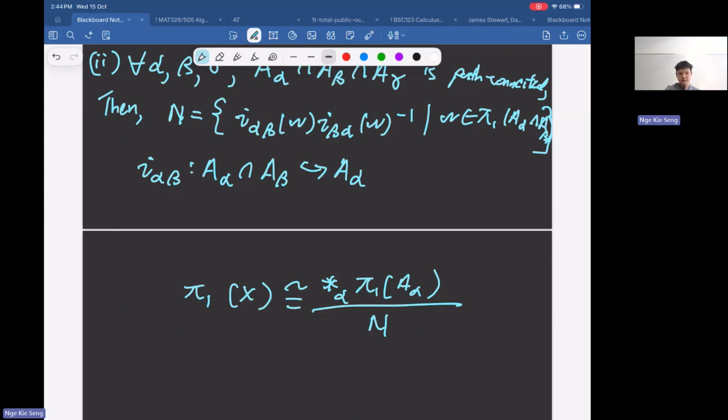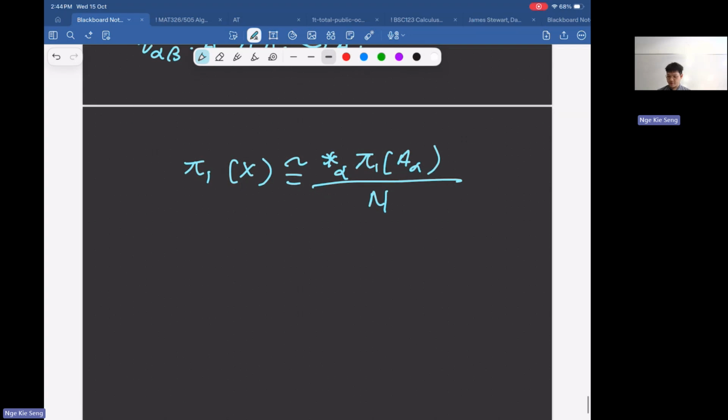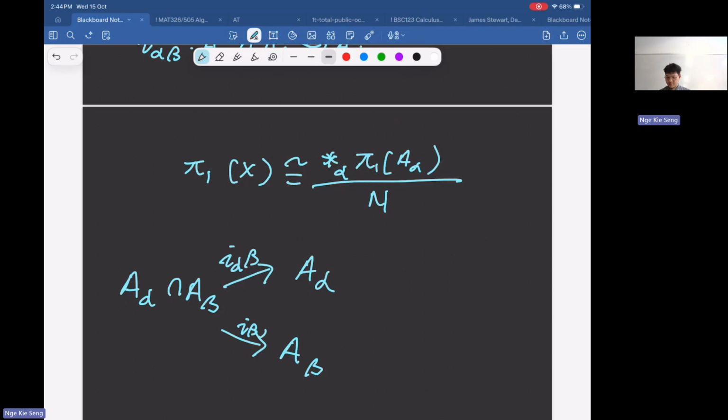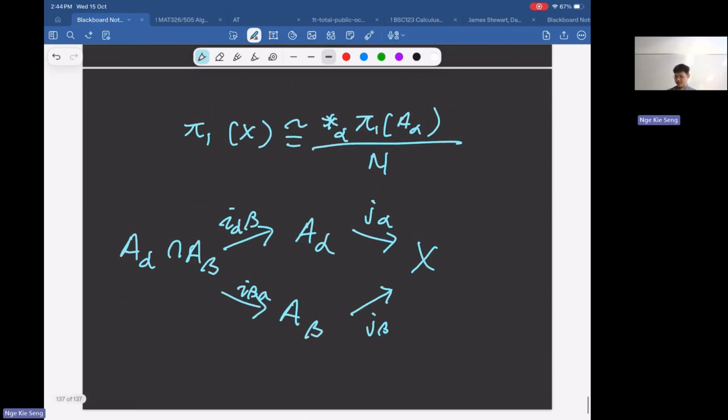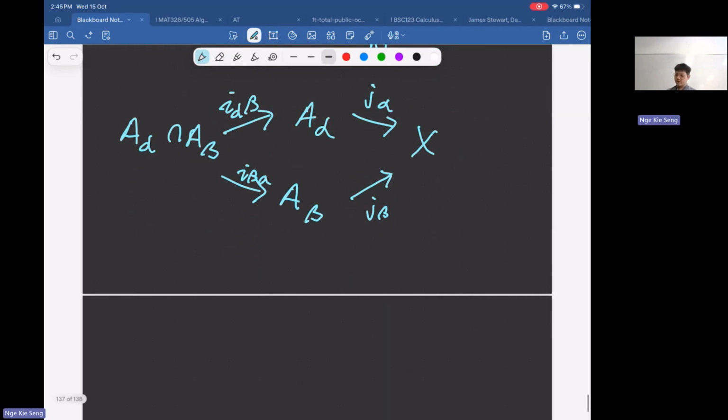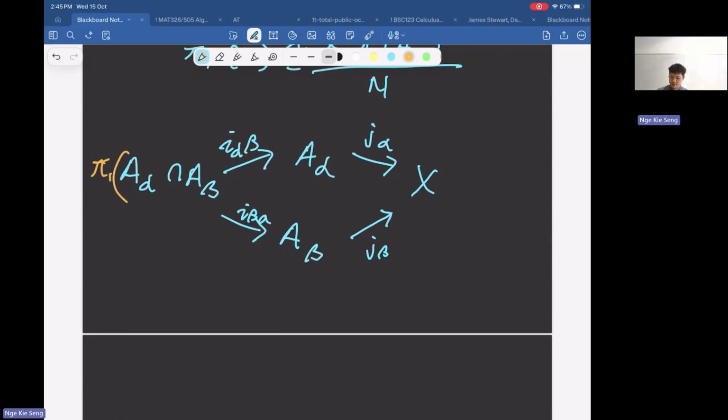Then we have this. How to view this? Maybe I quickly draw some argument for you. If you look at A alpha intersect A beta, you have a map into A alpha and another map into A beta, i_alpha beta and i_beta alpha, and you can still include them into X. Look at the induced homomorphism phi, which induces maps on pi 1.